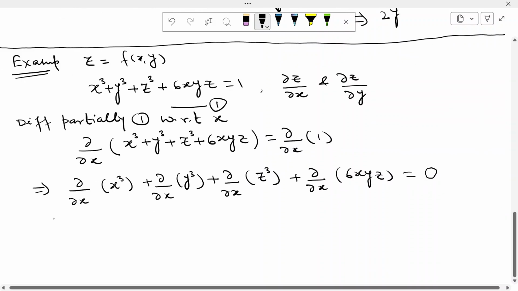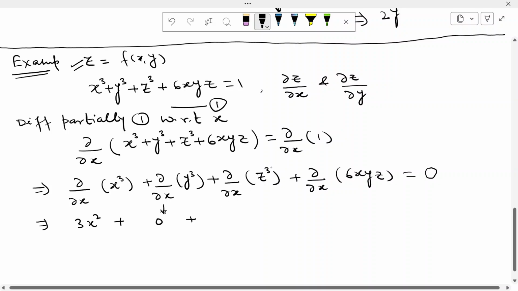Now here what you have is 3x square. Now the y cube term will be 0 because you are performing this differentiation with respect to x, while the z cube term is not 0. Why? Because z is a function of x and y, so you cannot consider this 0. What you have to do is differentiate this z cube with respect to x.